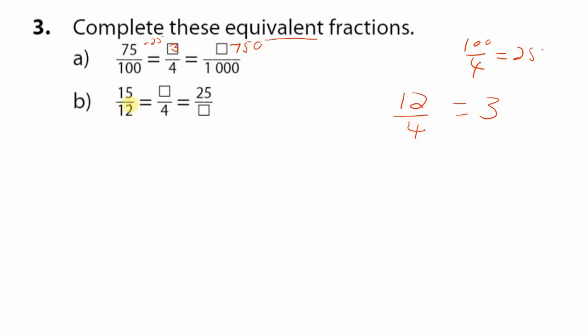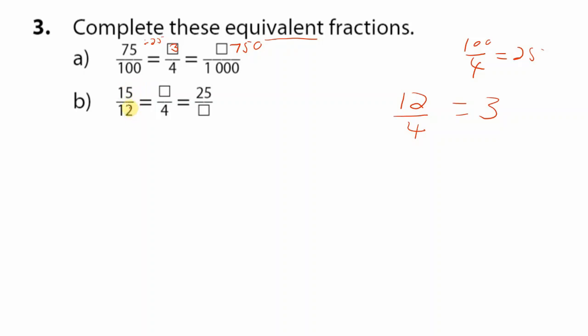To get from something bigger to smaller, you have to divide. So 12 divided by 4 is 3 times. So if we divide 12 by 3, we get 4.